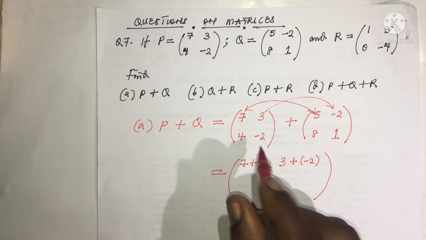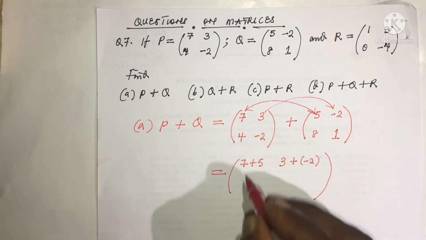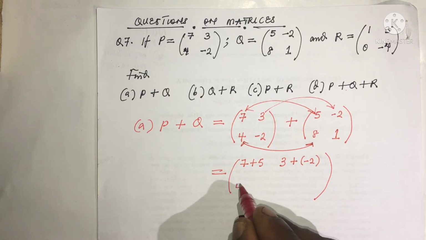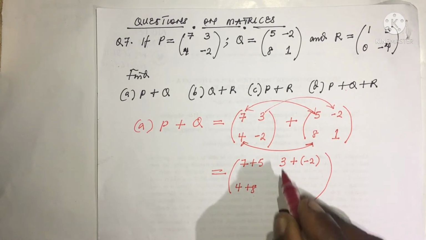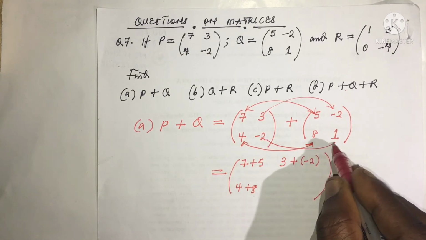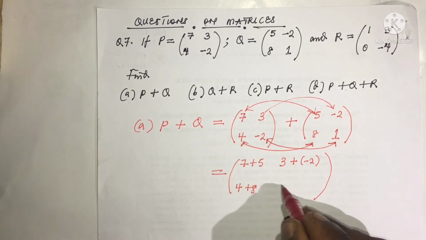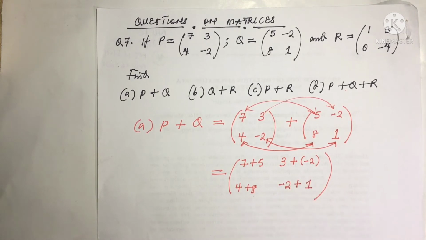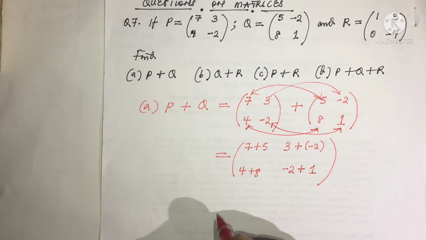I'm going to add 4 to 8, since they occupy similar positions, and that will give me 4 plus 8. I'm going to add minus 2 to 1, and that will give me minus 2 plus 1.